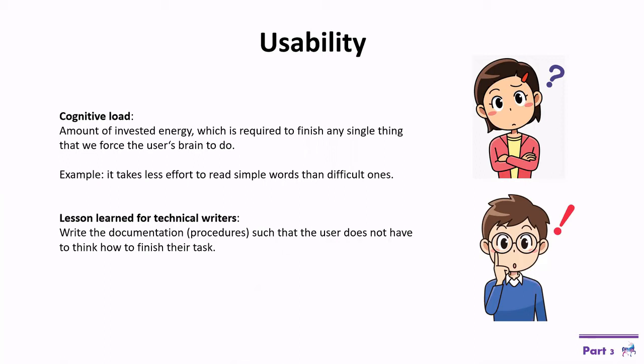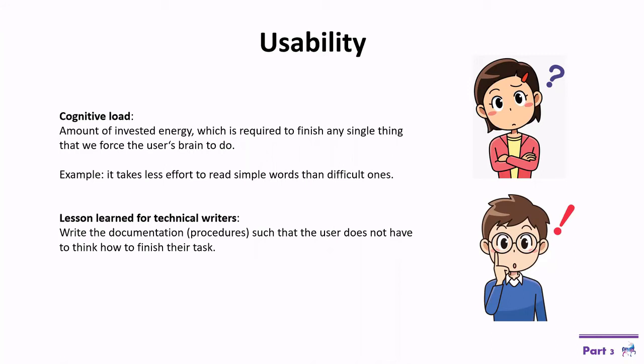So what's usability? Usability equals cognitive load. And cognitive load is defined by the amount of invested energy that is required to finish any single thing that I, as a designer, force the user's brain to do.